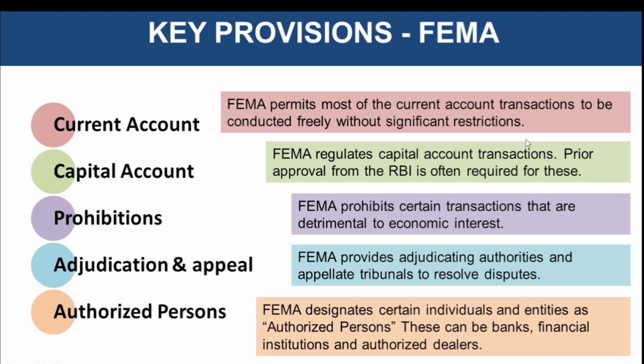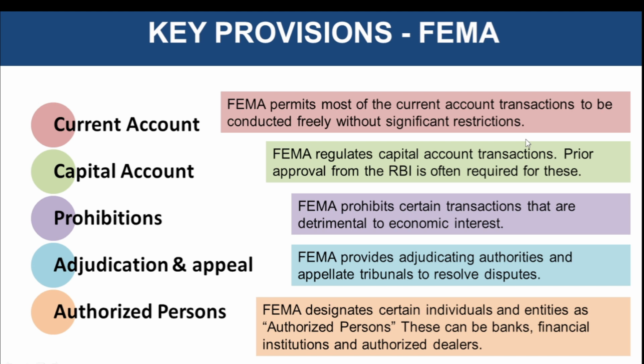It also restricts the amount of remittance that can be done during a financial year. So, for example, we talked about current account transactions, right? Where you are sending money to your family or your son or daughter for education purpose. For that purpose also, the amount of remittance that can be done in a particular financial year is restricted.